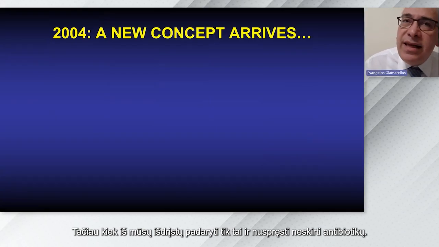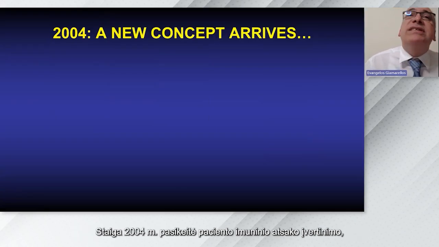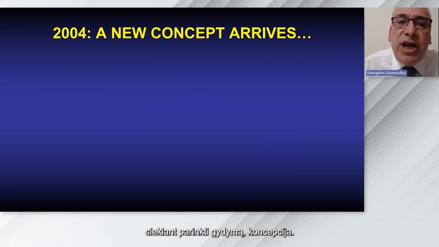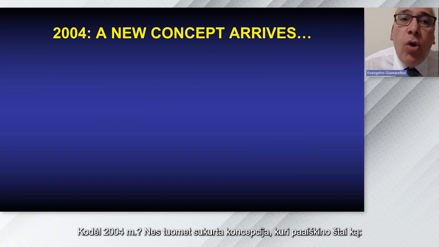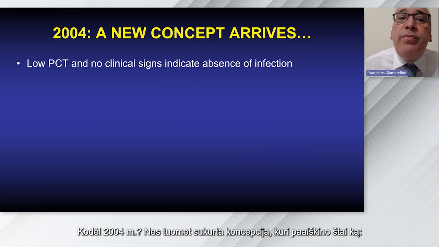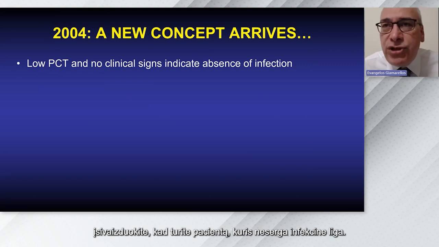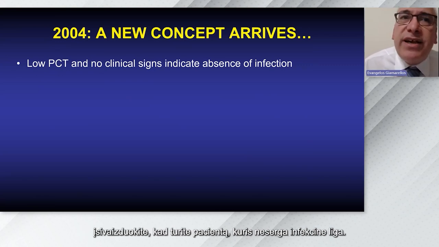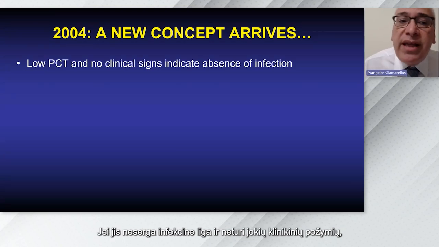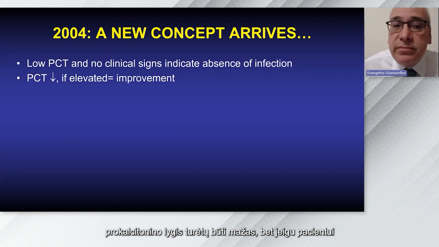All of a sudden, the concept about consulting the immune response of the patient to guide treatment changed in 2004. Why 2004? Because a concept was generated which suggests: imagine that you have a patient who does not have an infection. If he does not have an infection and there are no clinical signs, the blood PCT should be low.